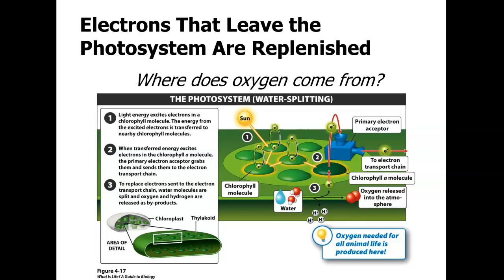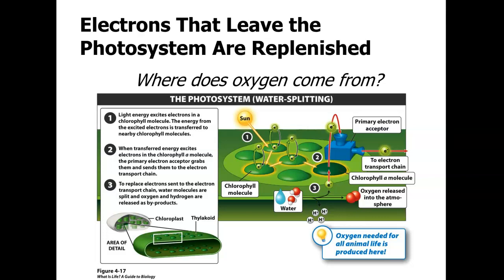So where exactly does this oxygen come from? As the light energy excites electrons in the chlorophyll molecule, that energy from the excited electrons is transferred to nearby chlorophyll molecules. When the transferred energy excites the electrons in the chlorophyll A molecule, the primary electron acceptor is going to grab them and send them to the electron transport chain.